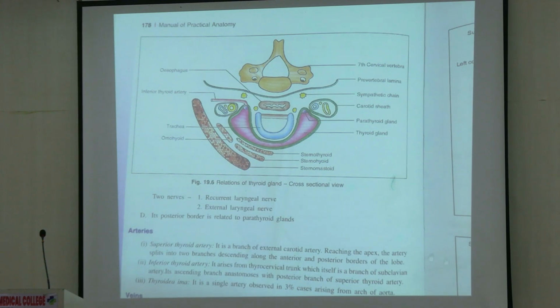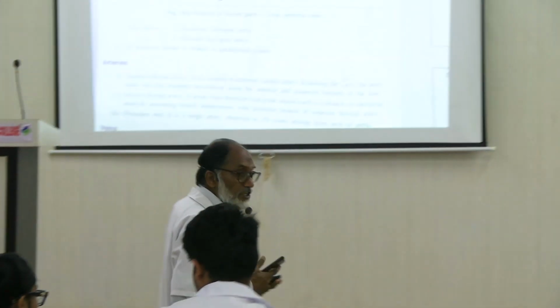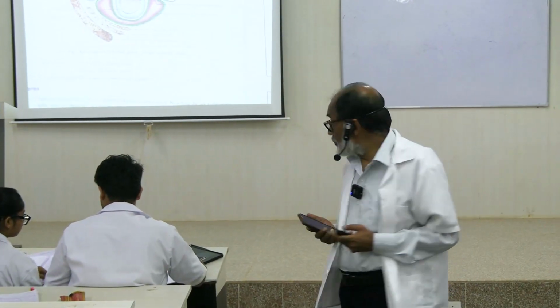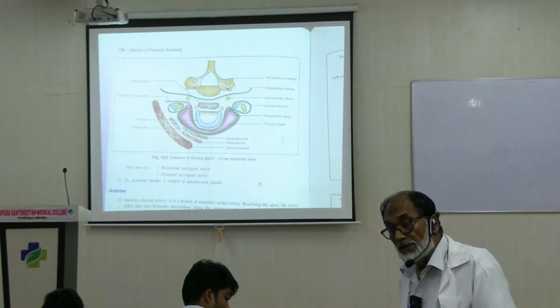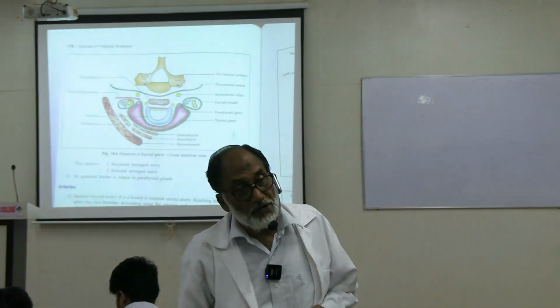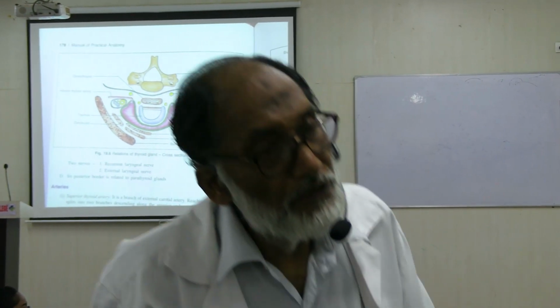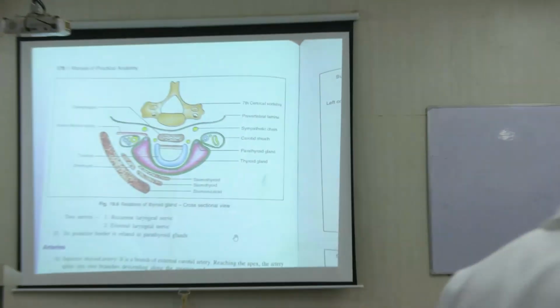This picture is very important for the relations of the thyroid gland. It is the transverse section at the level of the thyroid gland, right? Here you see. Now this gland, I have already told you, how many surfaces are there in the thyroid gland? 3 surfaces.